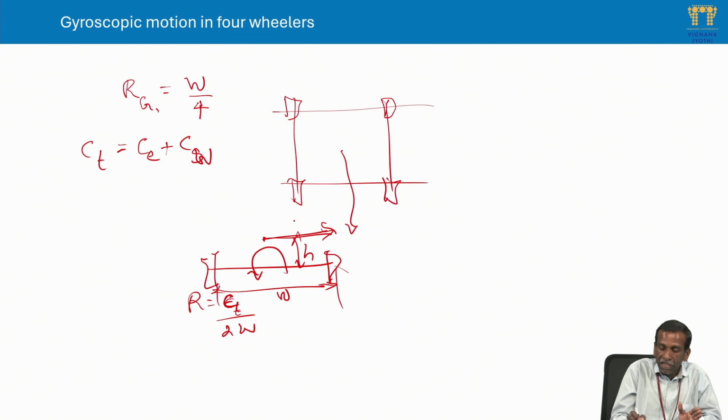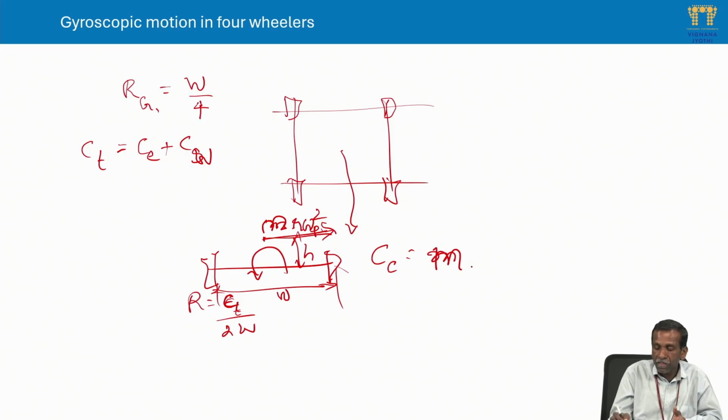We can calculate it: M is the mass of the vehicle, and R is the radius of rotation. MR omega square, where omega is the precession speed, omega P. So MR omega square is the force, and that force into h will give the centrifugal couple.